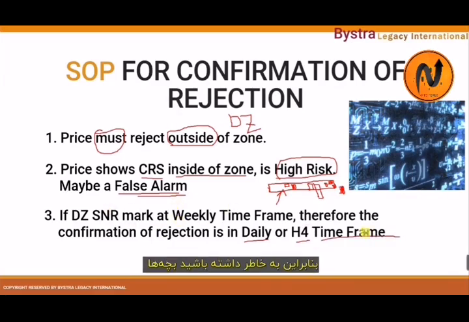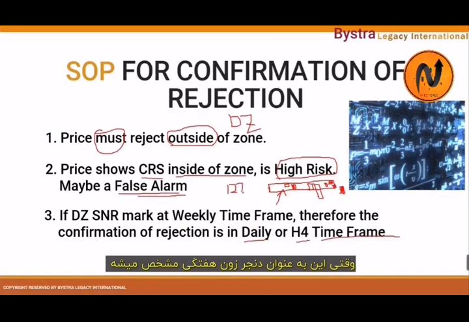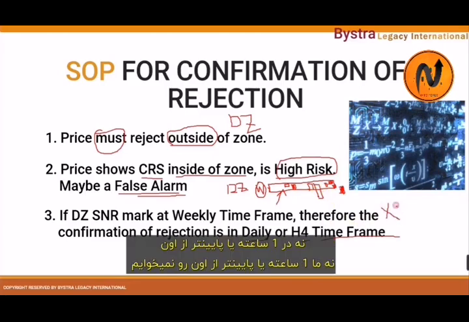So remember guys, when this is marked as the danger zone weekly, alright, weekly danger zone, then the confirmation of this area can be daily time frame or the H4 time frame, not H1 and below guys. No, we do not want H1 and below.